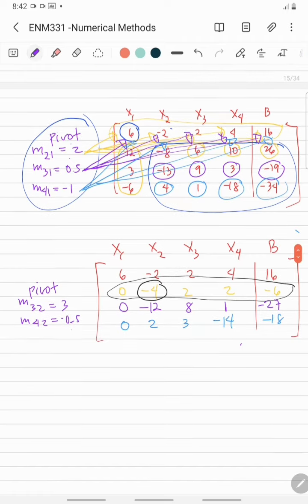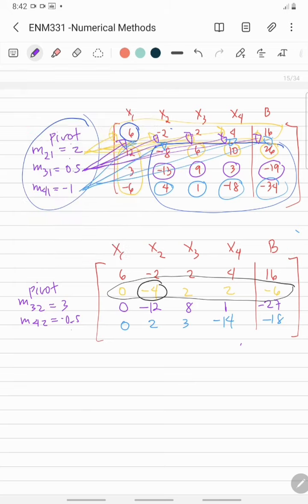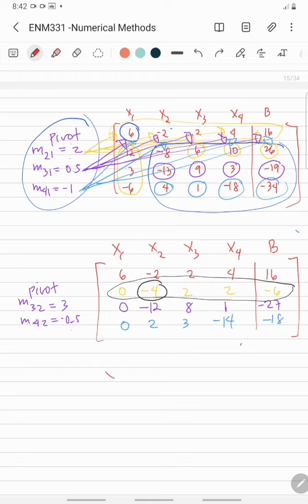Okay, we will follow again the first step. So we just copy again the format. We have here x1, x2, x3, x4.